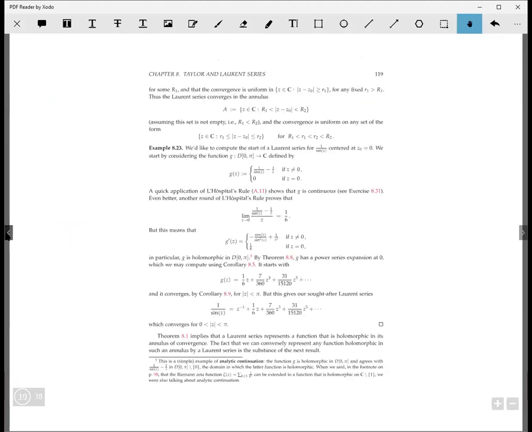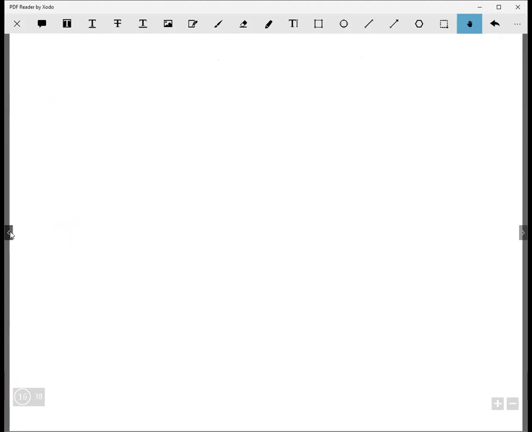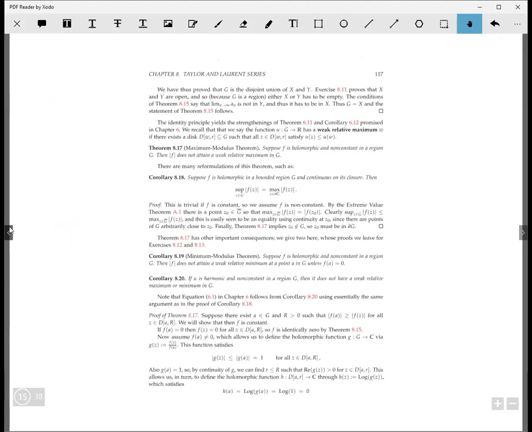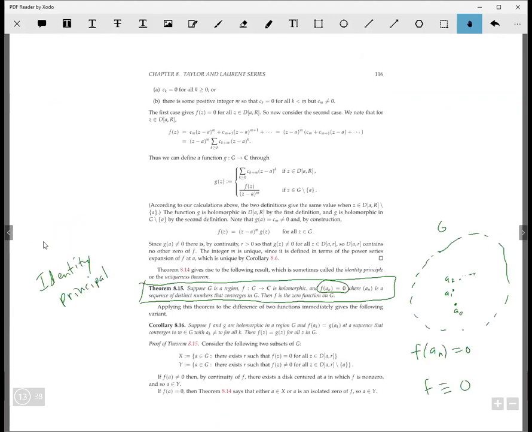Okay, let's go ahead and cover the new things. Let's see, where were we? Let me find the place here. Okay, so we talked about the identity principle.